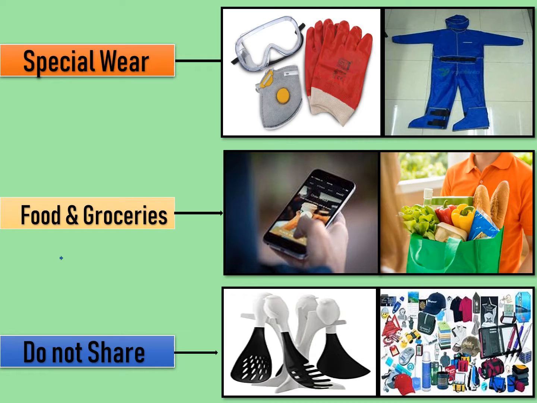Next, a very important thing is they should not share any items like utensils, food items, towels, bedding, or any items with anyone, whether inside the house or outside the house. This is another important aspect.